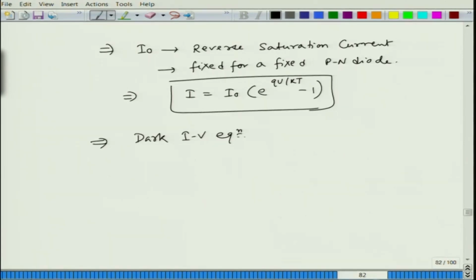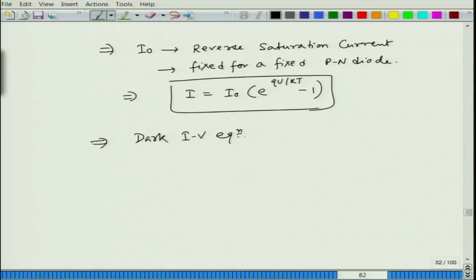IV is for the current-voltage equation of any electronic or electrical device; this IV characteristic curve is very important. So we are trying to get there, and this IV equation is only applicable when there is no generation or any light falling on that diode, right. That is why it is called dark, under no light condition.